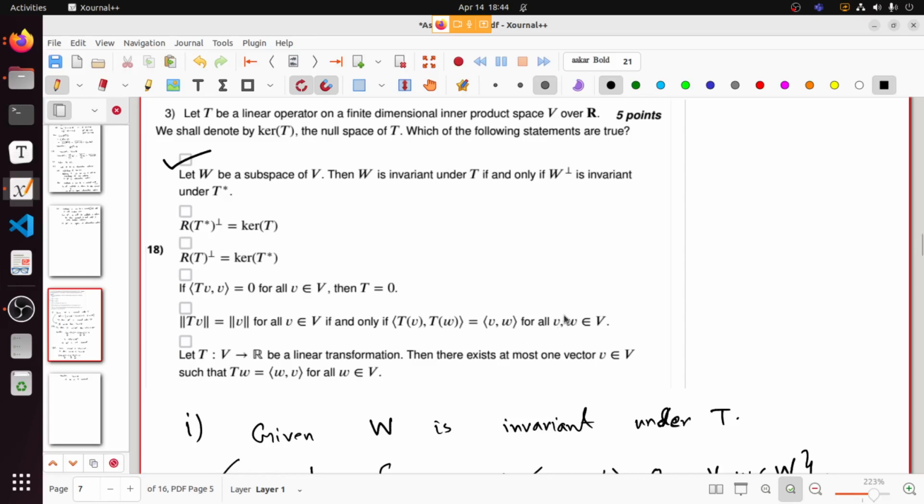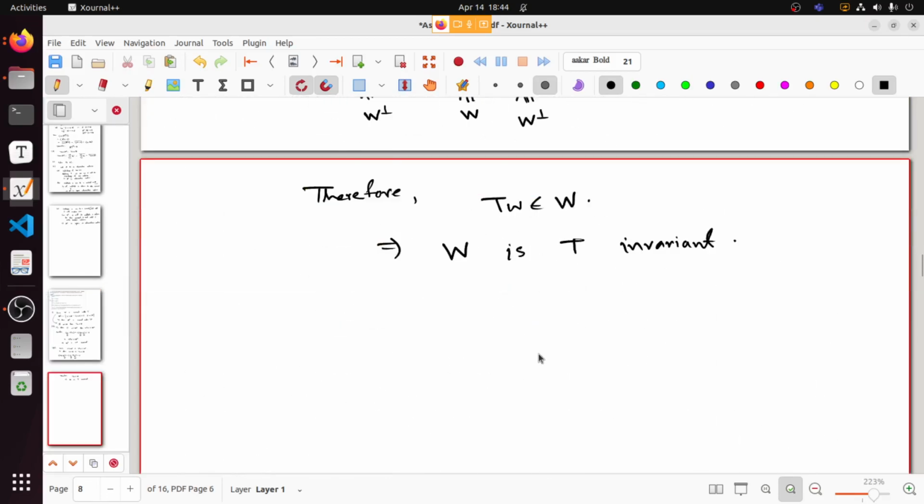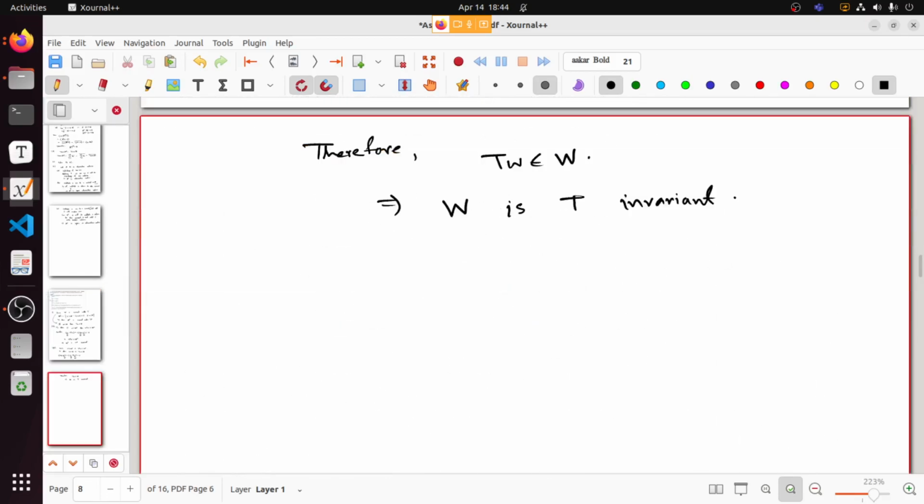Now let's see, what is option number 2? Range of T star perp is the kernel of T. So let's prove this. What we have to show is range of T star perp is the kernel of T, right?